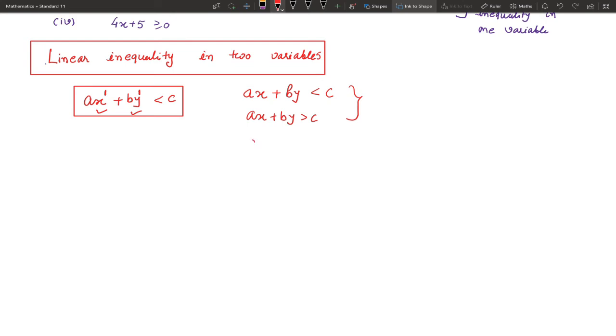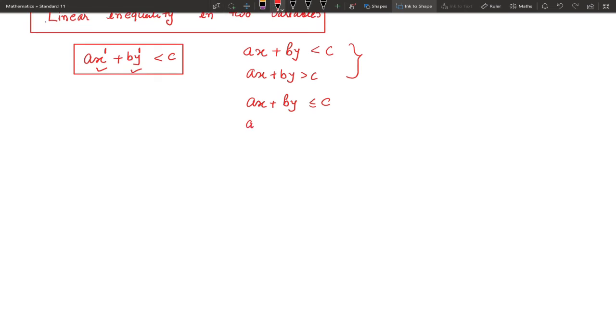At the same time, you can also discuss ax plus by less than or equal to c and ax plus by greater than or equal to c. This is also an example of linear inequality in two variables.